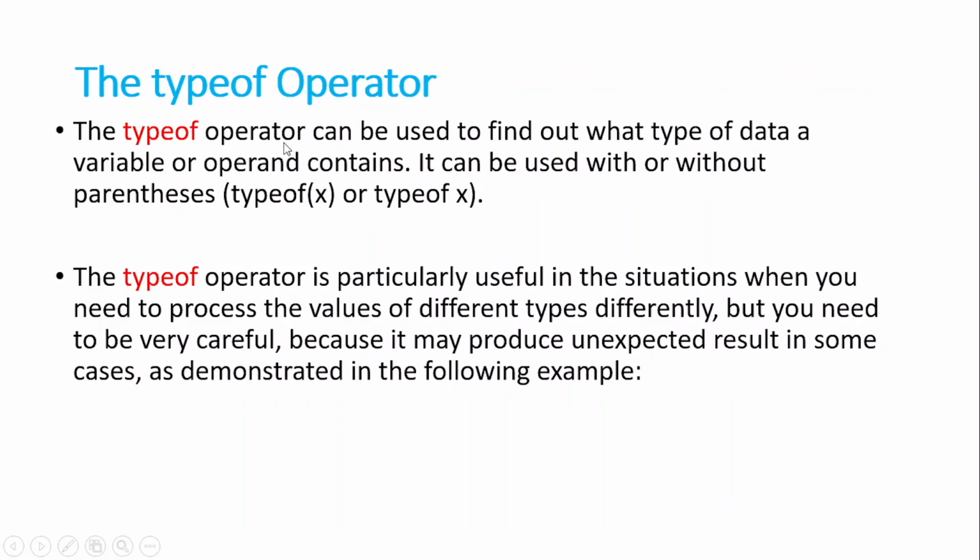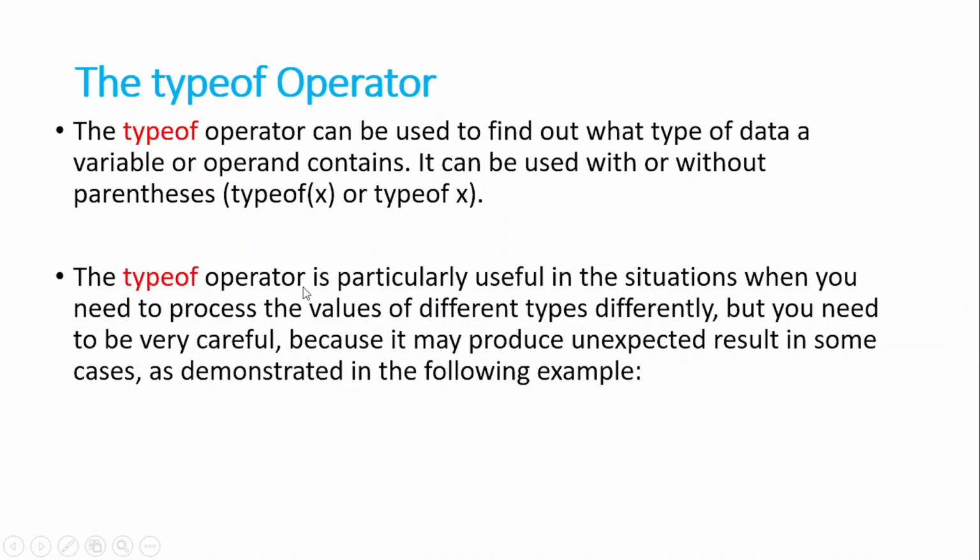The typeof operator can be used to find out what type of data a variable or operand contains. It can be used with or without parentheses. We can use typeof with parentheses and specify the variable name inside them, or we can leave out the parentheses and directly specify the variable name after giving it a space.